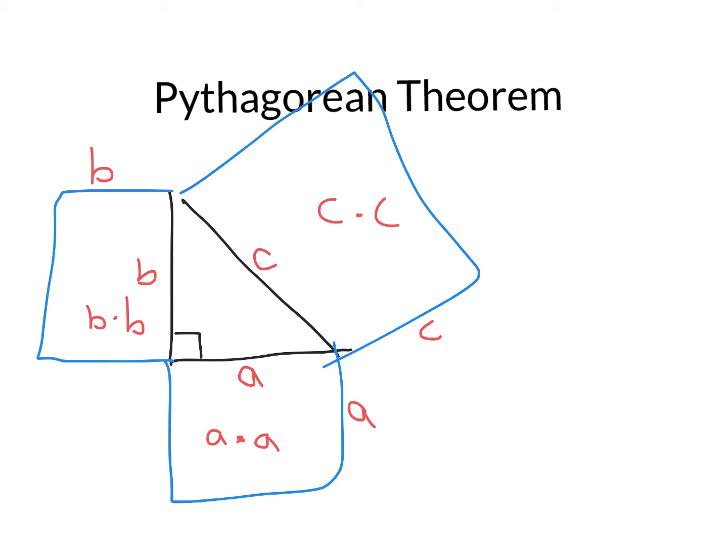Now, another way that we could say a number multiplied by itself is using exponents. In this case, A times A, we could say is A squared. B times B, we could say is B squared. And C times C, we could say is C squared.